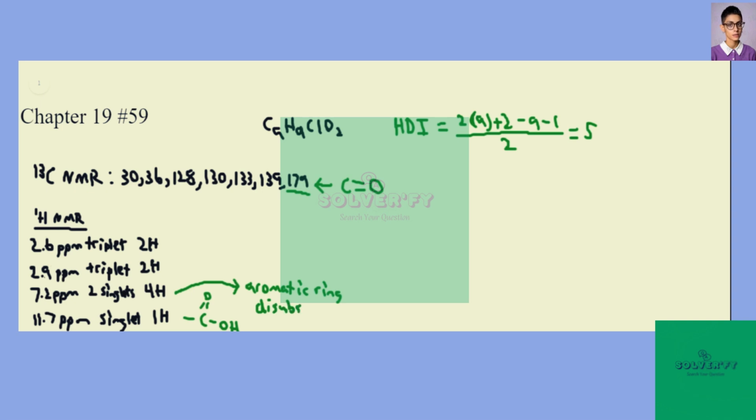And so the other thing that we can surmise here is, in the carbon-13 NMR, we had 7 signals. So as I said, there are going to be 2 pairs of carbons that are equivalent. So this is going to be a para-disubstituted aromatic ring, or something like this. So here's our aromatic ring. So we're going to have our substituents at the para positions.